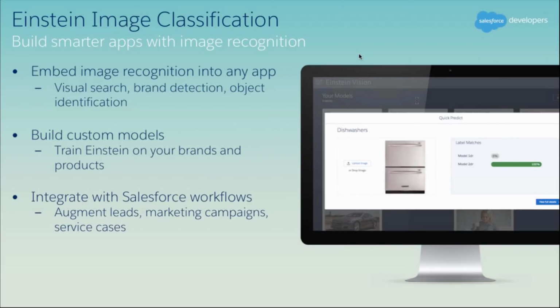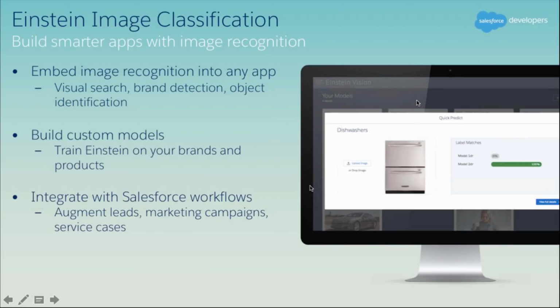So let's say in this picture, we wanted a model to recognize whether a picture was of a 2-door refrigerator versus a 1-door refrigerator. All I'd have to do is put images in a folder, zip them, upload them, and then train a model and understand how that model is working. Once I've done that, I'm able to integrate it into Salesforce applications, Salesforce workflows, or external applications.